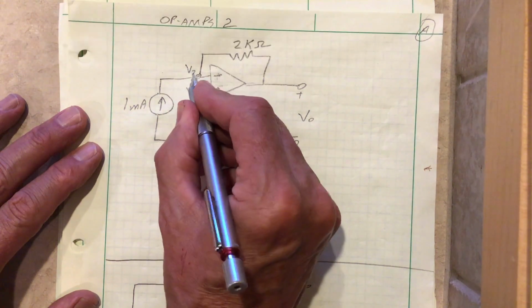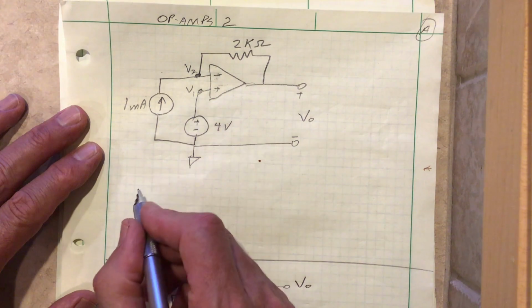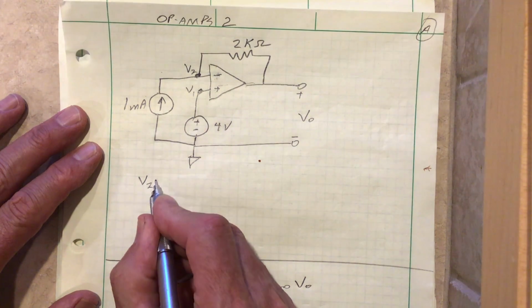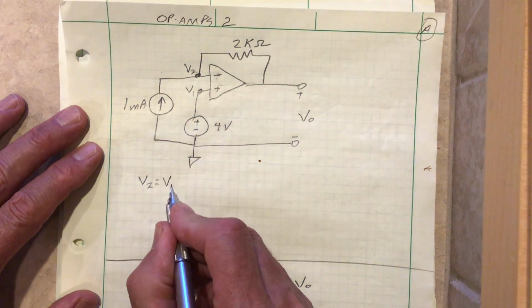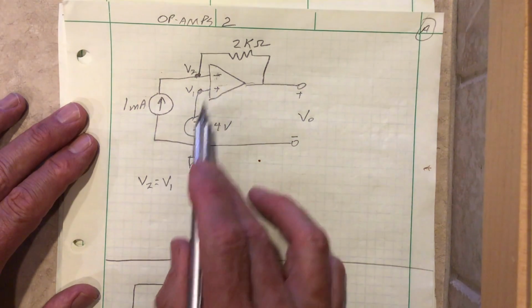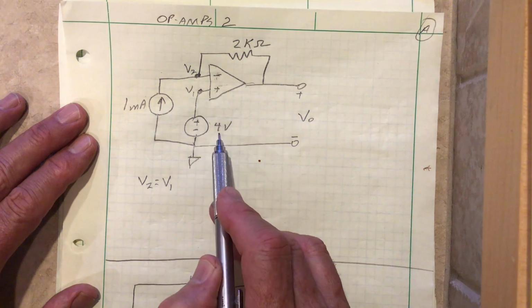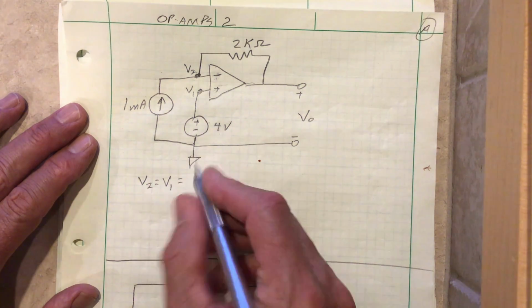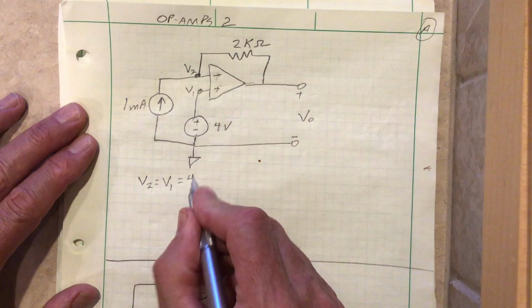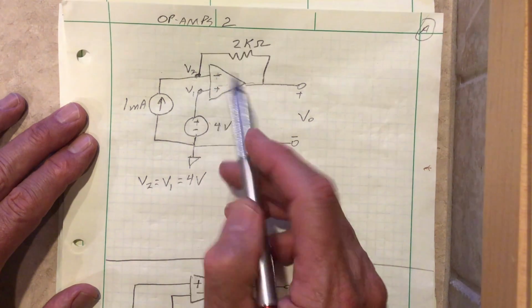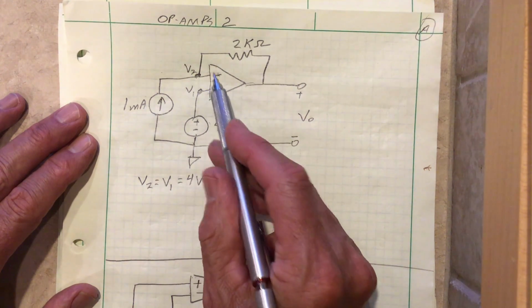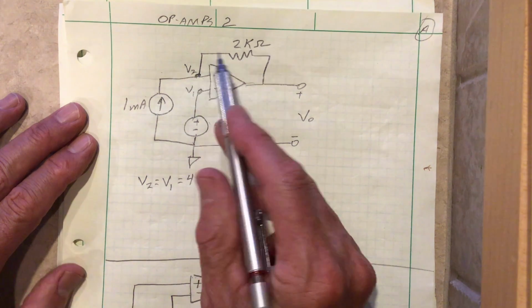Let's call that V2. So we're going to assume right off the bat that V2 is equal to V1, whatever that is. Now in this case, we know V1 because V1 is connected to this power supply. We know it's 4 volts. So we now know that V2 is equal to 4 volts, right? If I have 4 volts here, I must have 4 volts here.